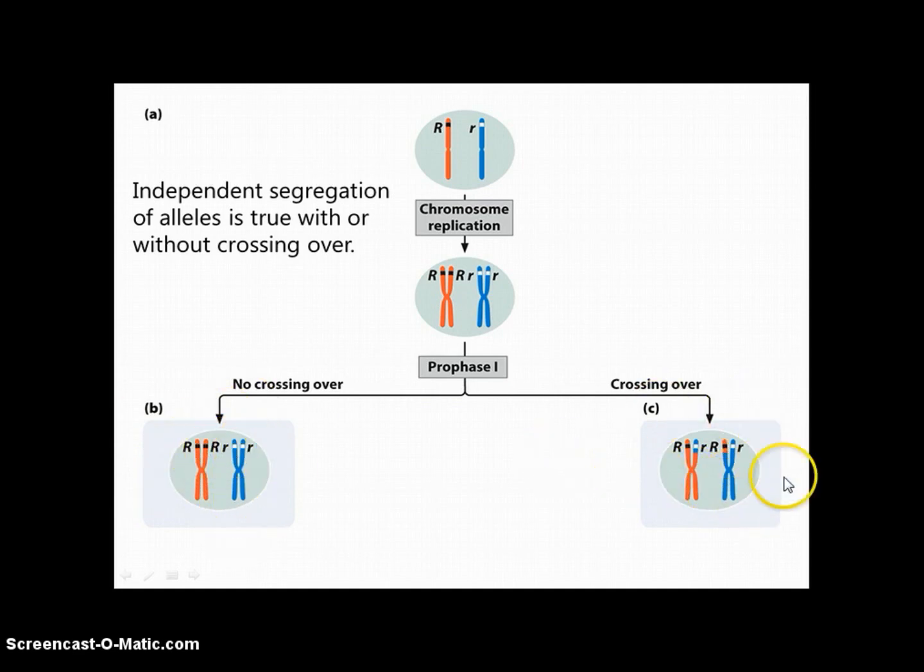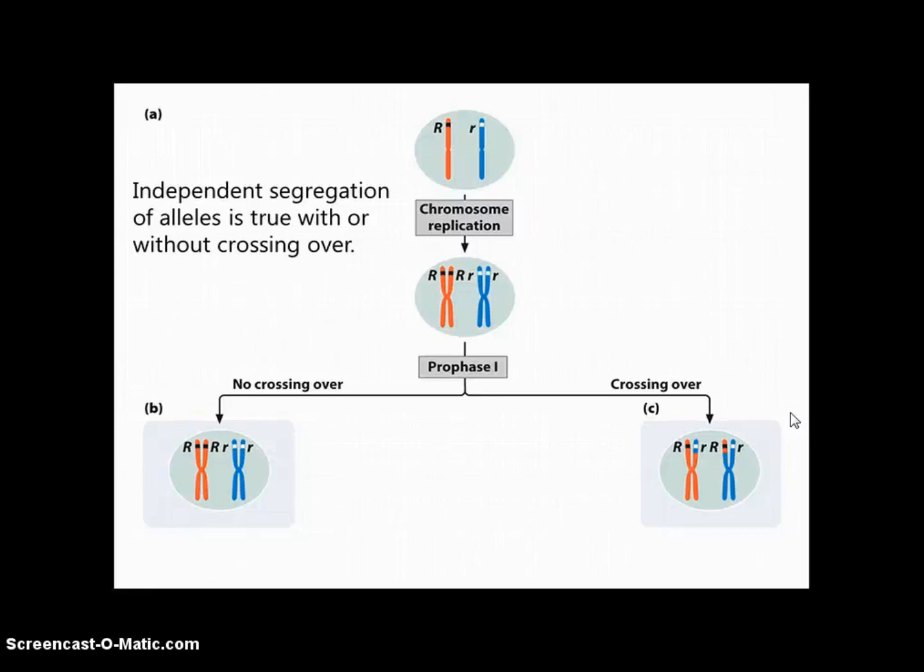If you do have crossing over, you still have the same scenario where you have a big R, little r, little r. Now, what independent segregation is talking about is alleles segregating independently on different chromosomes. And so whether or not crossing over occurs, crossing over is really mixing alleles up within the same chromosome. It doesn't have to do with different chromosomes.